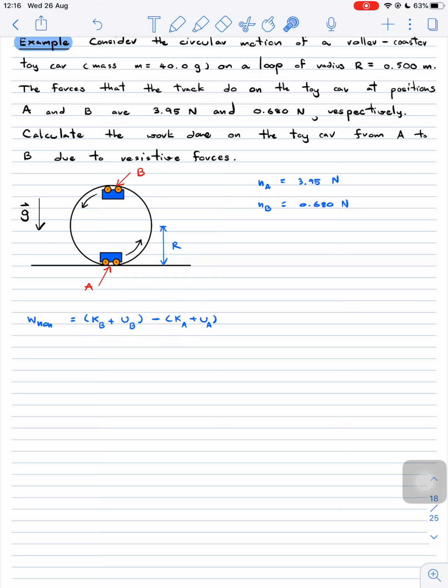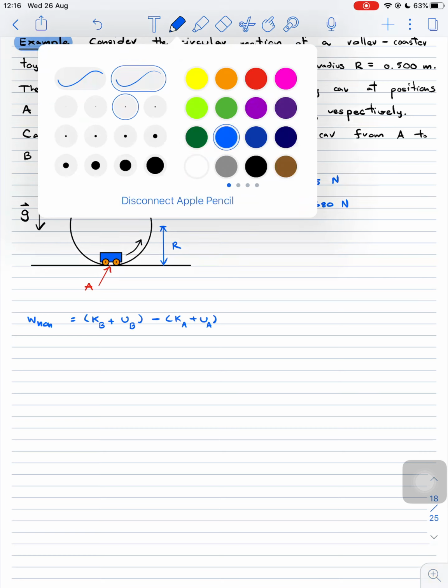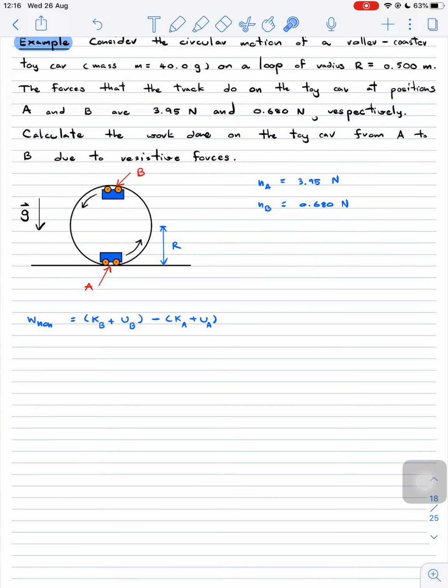In this case, let's find the potential energy first, because it's the simplest thing. In this picture, right, we don't have the spring. It means that we don't have the elastic potential energy, but we have gravity. So in this case, we're going to have the gravitational potential energy.